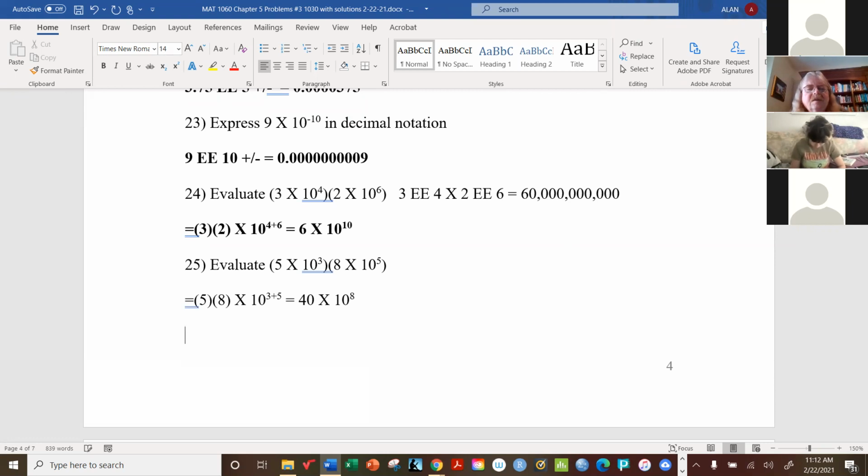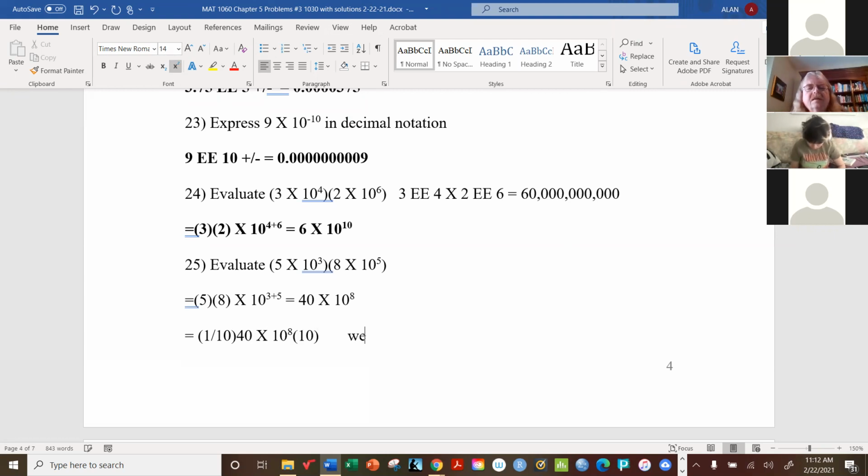I know what we'll do. Here's what we're going to do. We're going to divide the 40 by 10. But in order to avoid changing the value of this number, we're then going to have to multiply by 10.